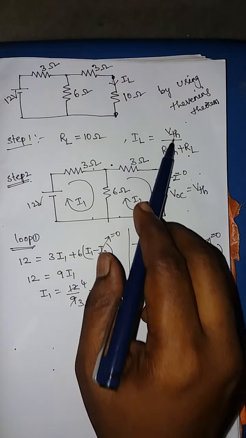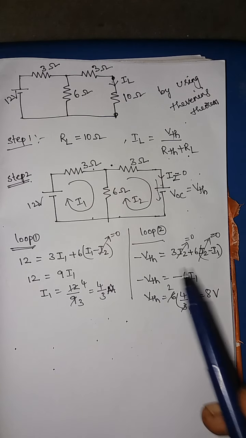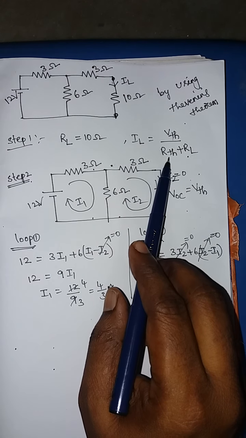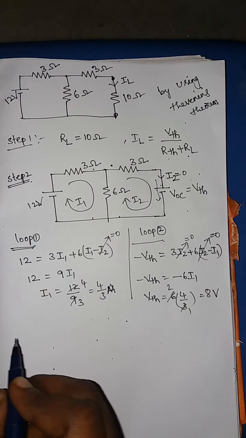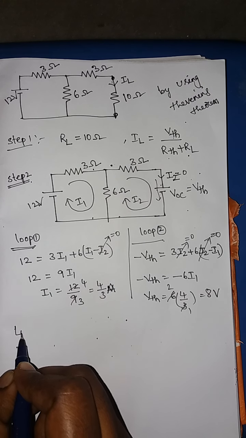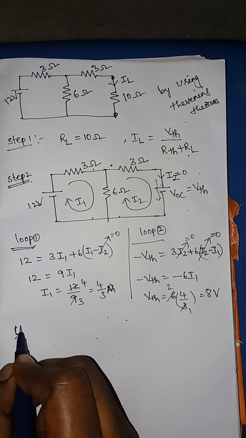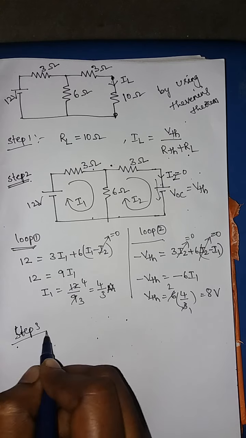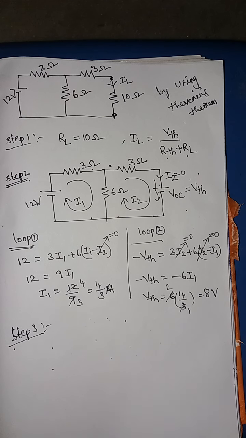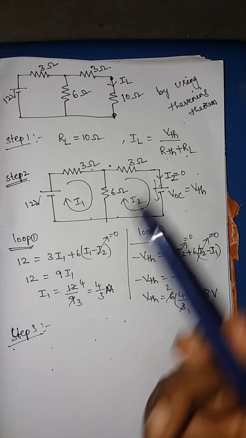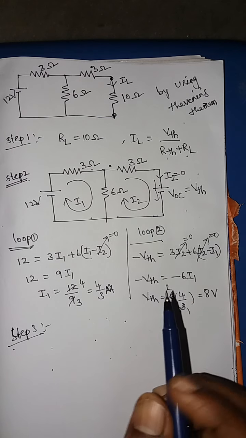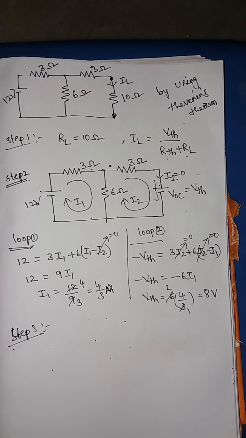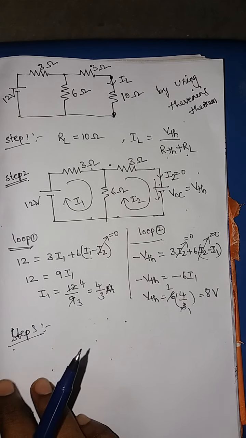Yes, you got VTH. Now next you need to find the value of RTH. Yes, how do you find RTH? Step 3. RTH is the equivalent resistance seen from the load terminals. But here we have one condition.